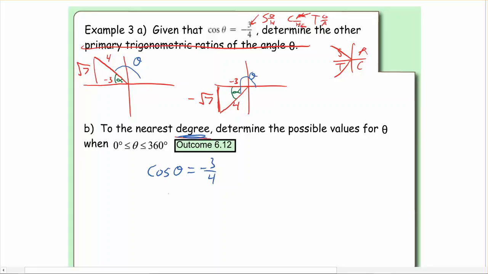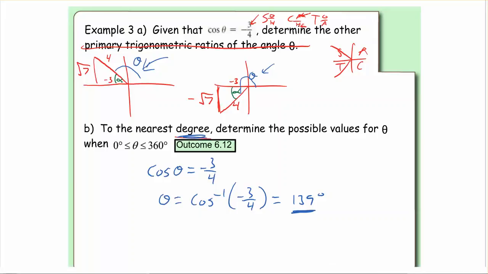So if I want theta, theta is equal to cos negative 1 of negative 3 over 4, which is equal to 139 degrees. There are two numbers that could be: it could be this top one, or this one. I know it's the top one because it's less than 180 degrees. 139 is less than 180, so it's really talking about this angle right there.